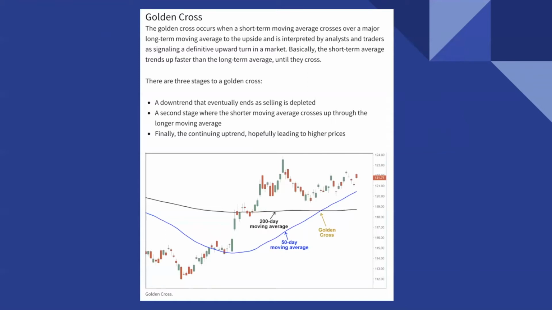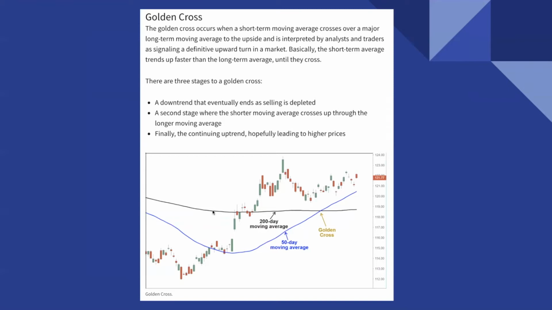Here is an example: the 50 days moving average is this blue line, a slightly steeper curve, whereas this is the 200 moving average, the black line, which is flatter.